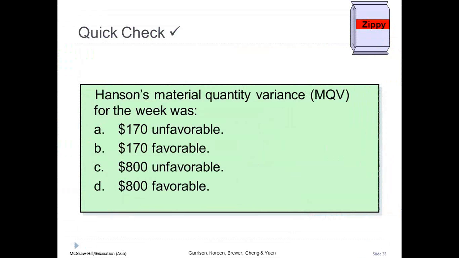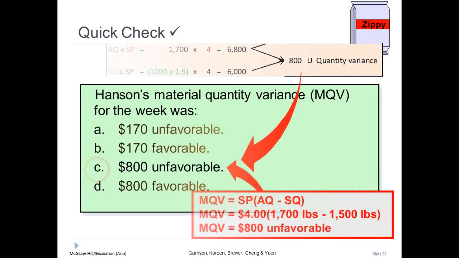And what is Hansen's material quantity variance for the week? The standard quantity is the amount of material that Hansen should have used to make 1,000 zippies. We find the standard quantity by multiplying the 1.5 pounds per unit standard for 1 zippy times the 1,000 zippies. Now that we know the standard quantity, let's calculate the material quantity variance.